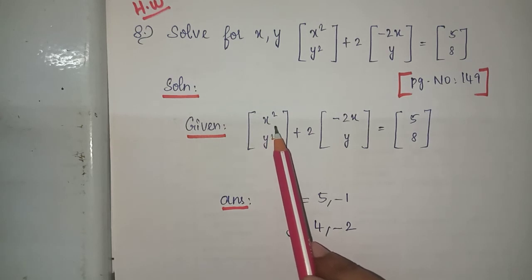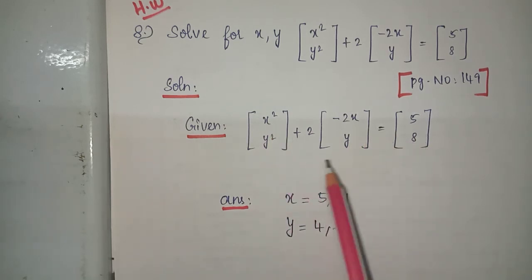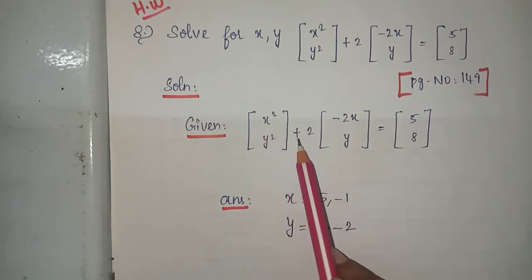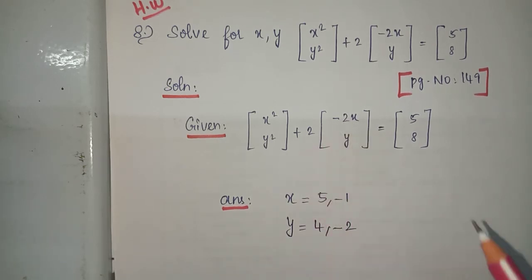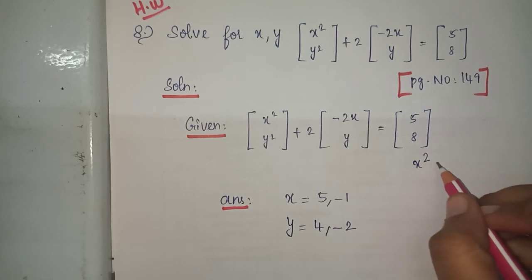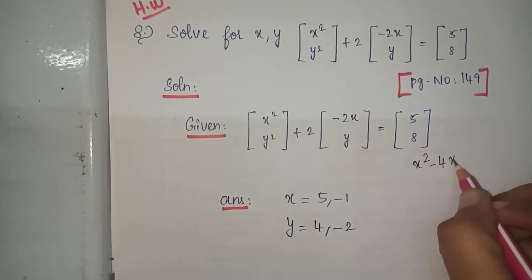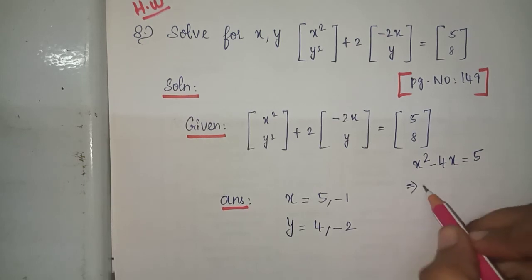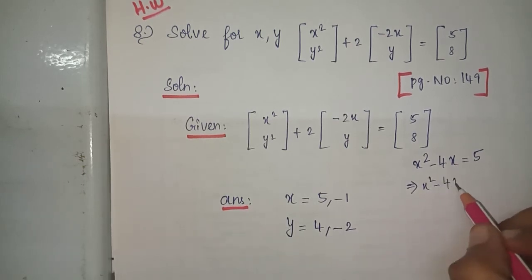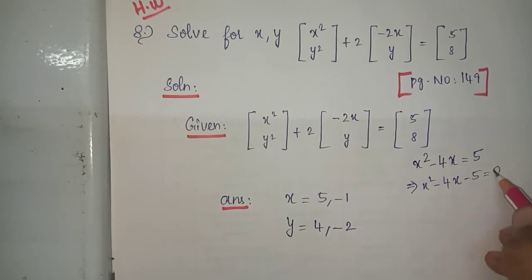So here you just add, means you get the equation x square plus 2 into minus 2x is minus 4x. So first equation you got x square minus 4x is equal to 5, which implies x square minus 4x minus 5 is equal to 0.